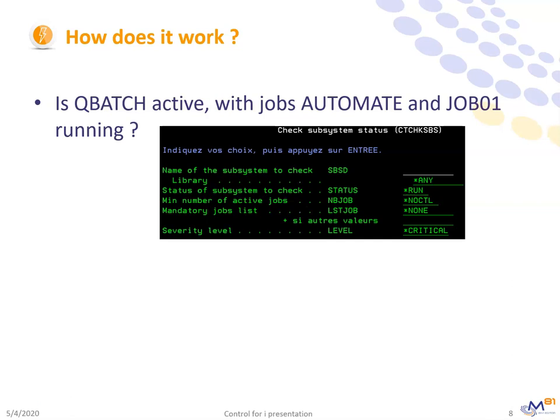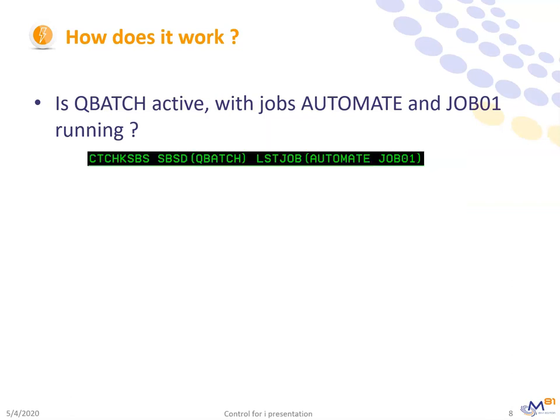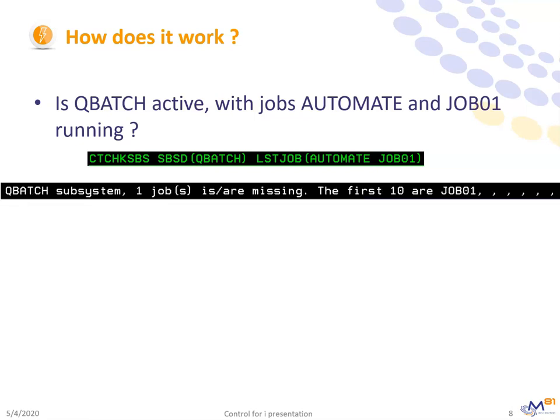We can use F4 to see them. We enter the right parameters, here the subsystem name and the list of jobs, and we press enter. The answer of the command is a message that we can see in 5250. We can test the command as much as we want.